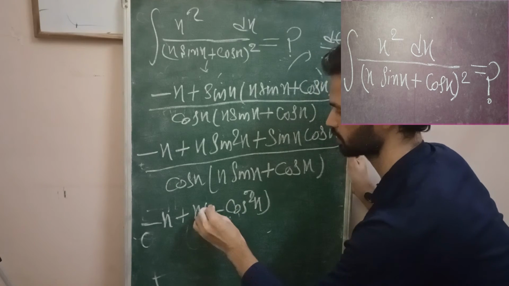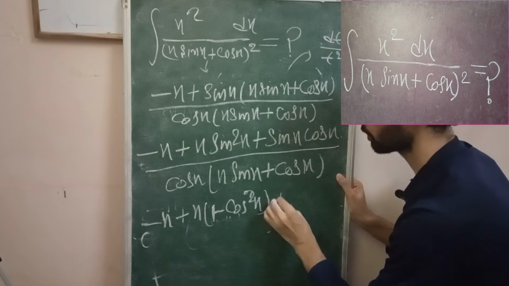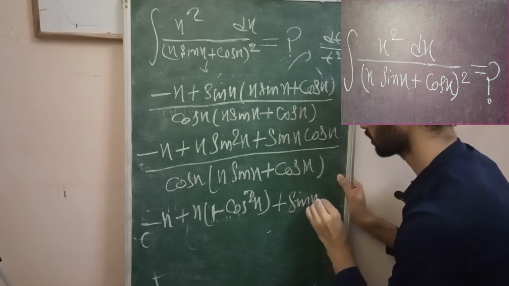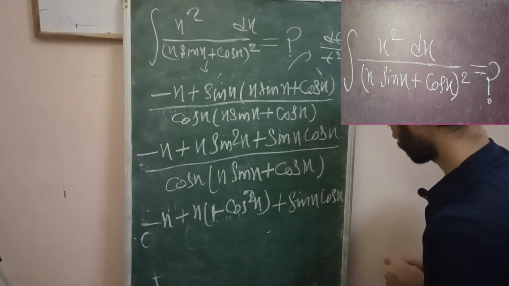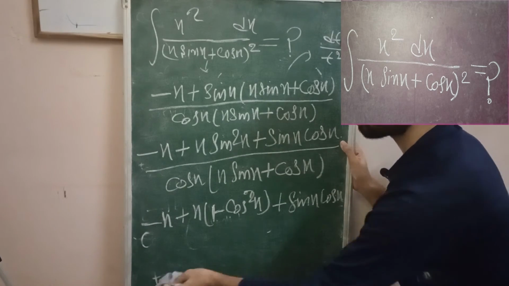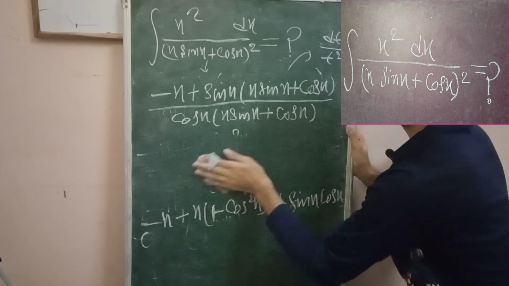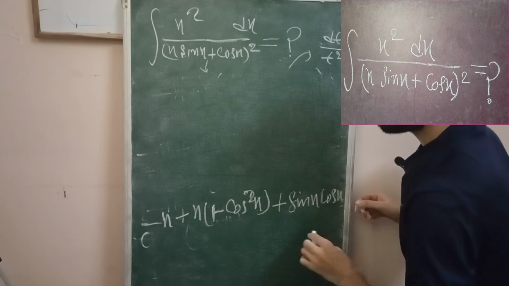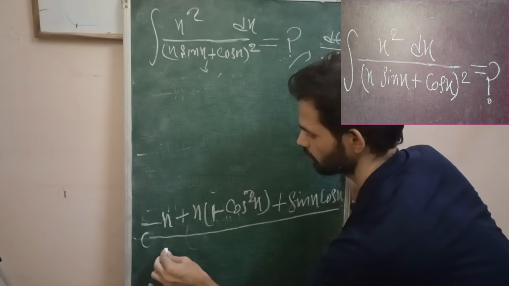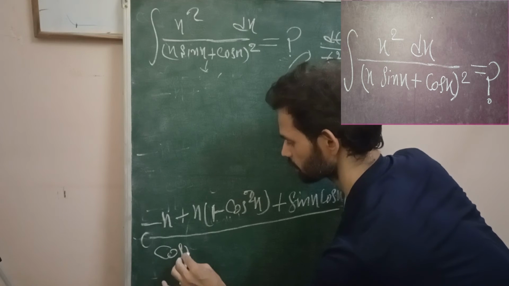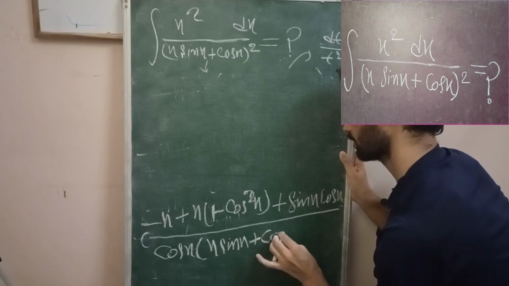Can we write it like this? Yes, sin square x equals 1 minus cos square x, plus sin x cos x. I have to write upside, otherwise it is not in the vision of the camera. So I think you have noted. This is my numerator, and the denominator is cos x into x sin x plus cos x.